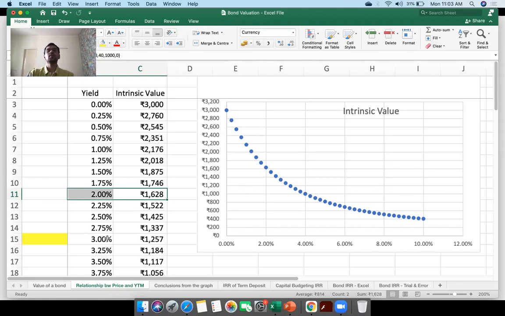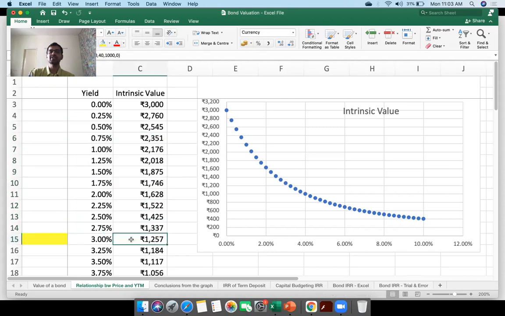Now, we actually started off with the yield of 3%, where the intrinsic value is 1257. I kept decreasing yield by 0.25% and I kept increasing yield by 0.25%. But if you notice, when I kept decreasing yield, the bond prices kept increasing.